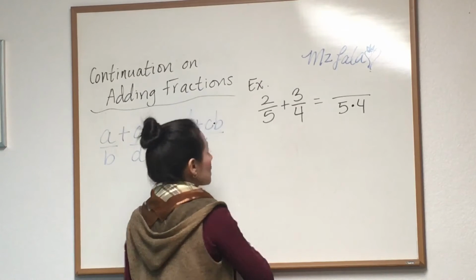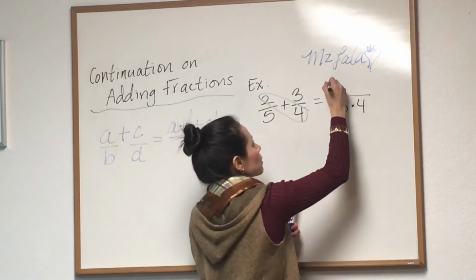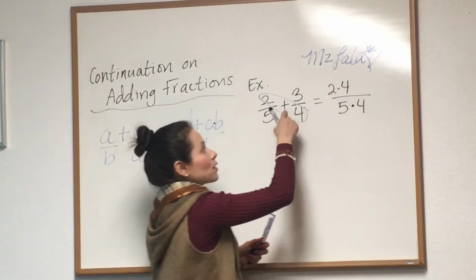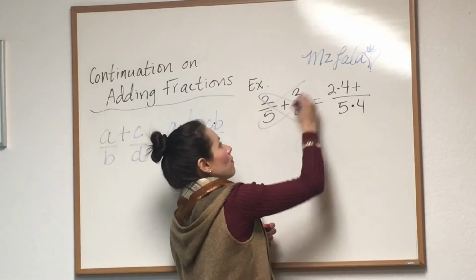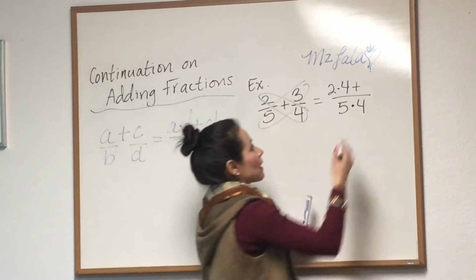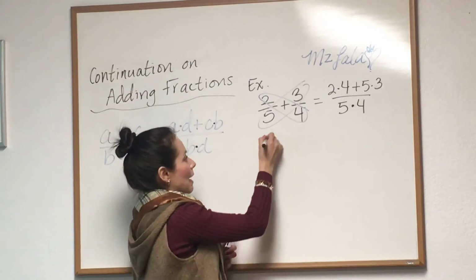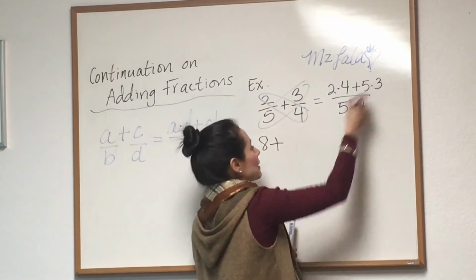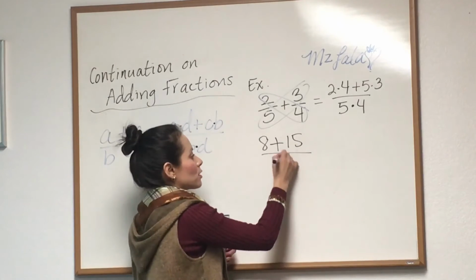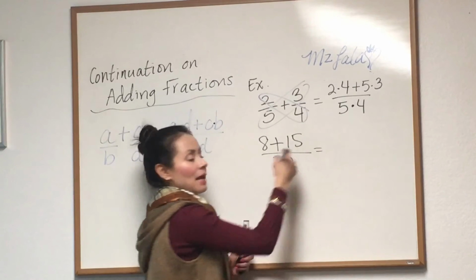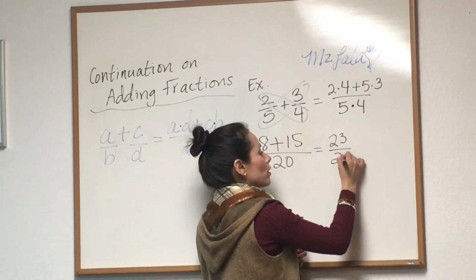You must multiply these two, 2 times 4, and then still add the multiplication of these two, which is 5 times 3, right? So now 2 times 4 is 8, plus 5 times 3 is 15, over 5 times 4 is 20. So now we can add these. 15 plus 8 is 23 over 20.